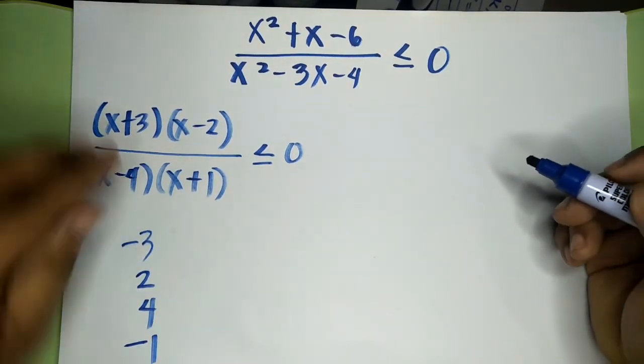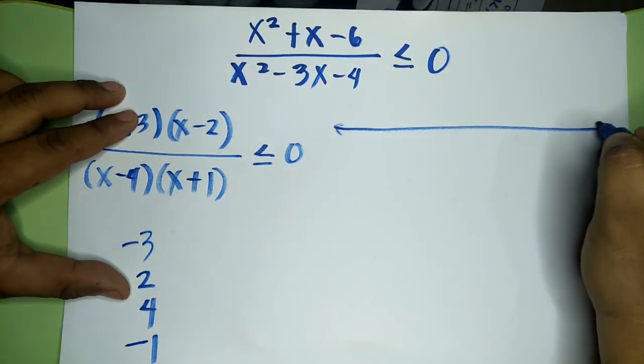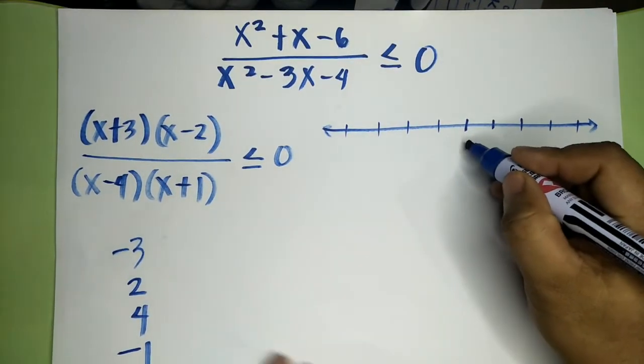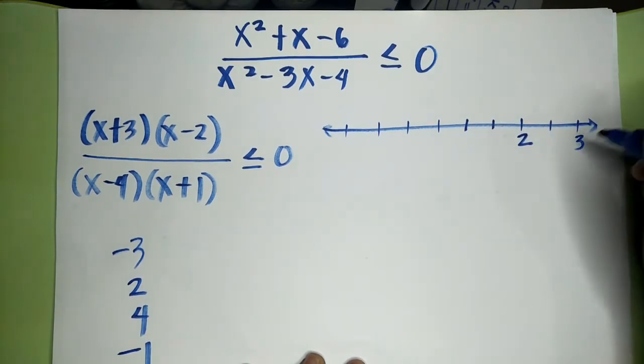Ngayon ay gagawa na tayo ng number line. So, kung ito ay 0, ito ay 1, ito ay 2, 3, 4.